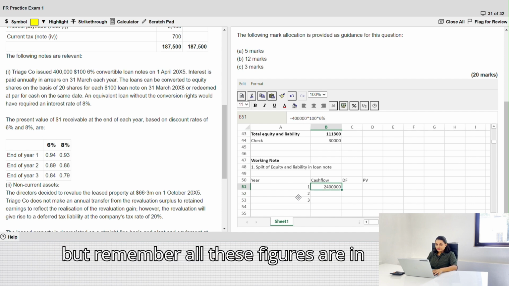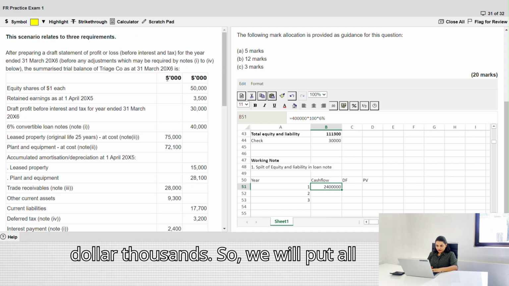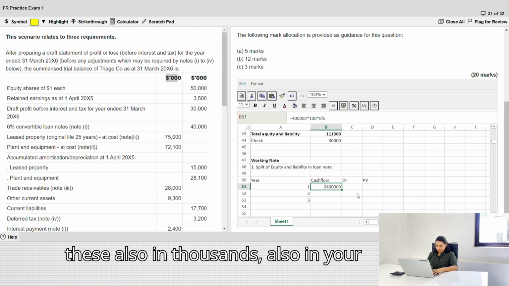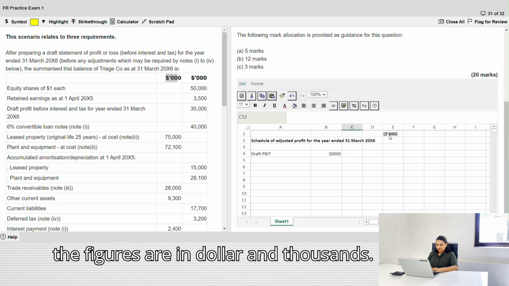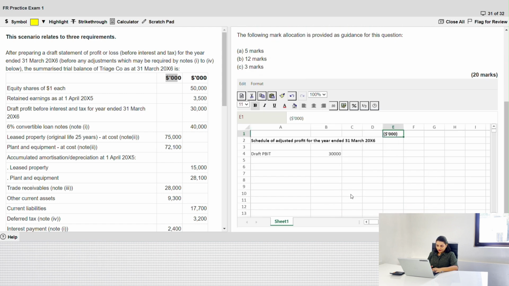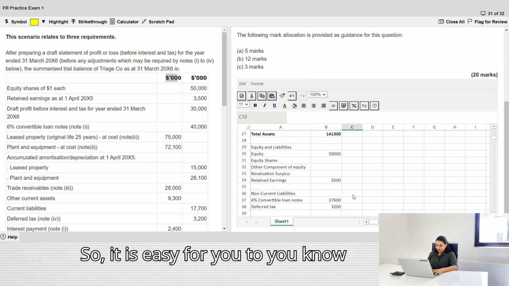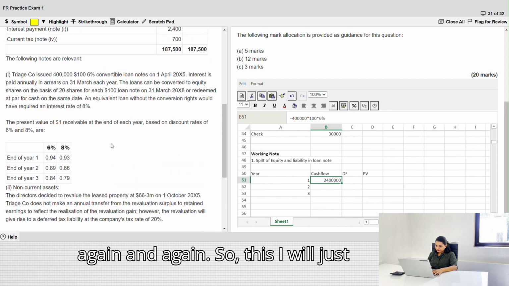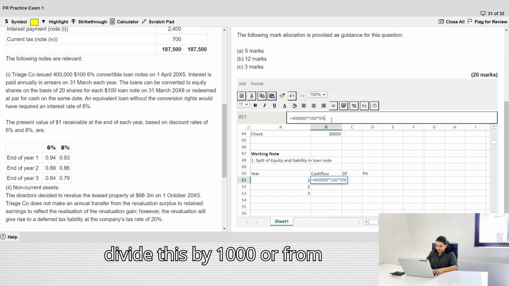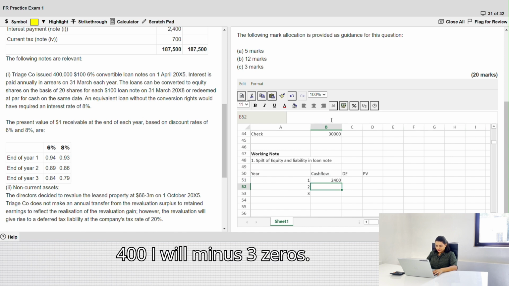But remember, all these figures are in dollar thousands, so we will put all these also in thousands. Also in your answer, please somewhere mention that all the figures are in dollars and thousands, so you don't have to write it again and again. So I'll just divide this by thousands, or from 400 I'll minus 3 zeros.